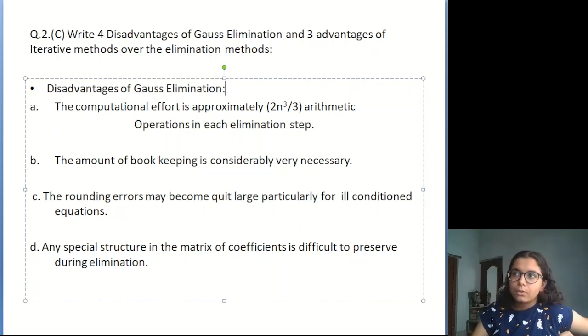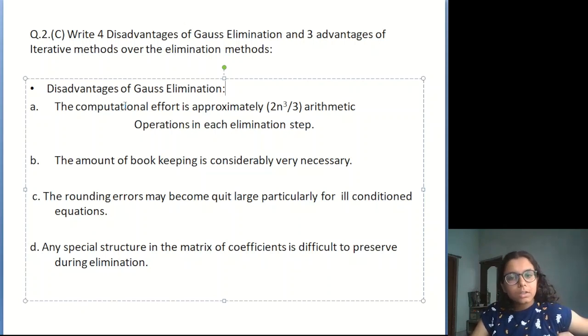If we do not have those row interchanges, we would never solve the problem, because of the larger magnitude element. So the amount of bookkeeping is very necessary with respect to the Gauss elimination method.